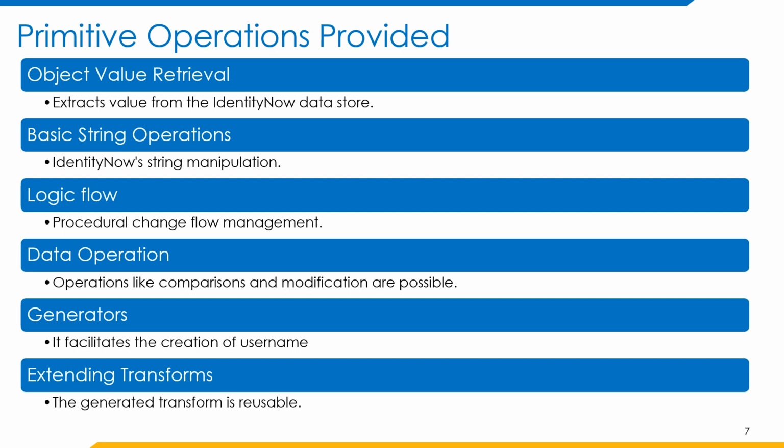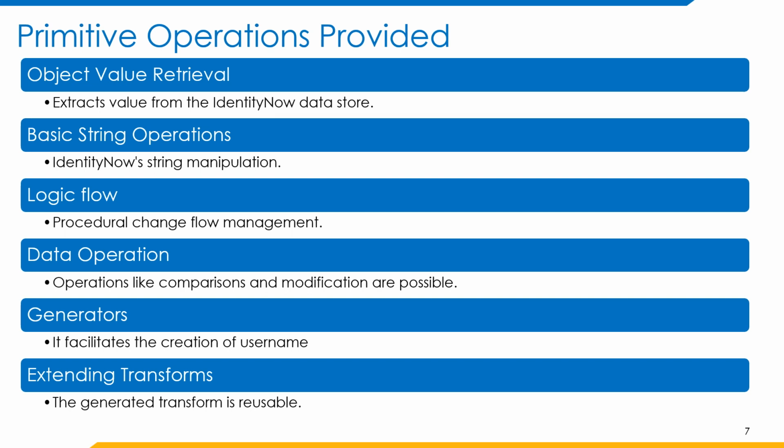Date operation is used for comparing the dates, and accordingly we can modify as per the requirement. Generators are basically used for generating a username with unique values. Extended transforms: by not creating a new transform, we may use these to reuse previously produced transforms.